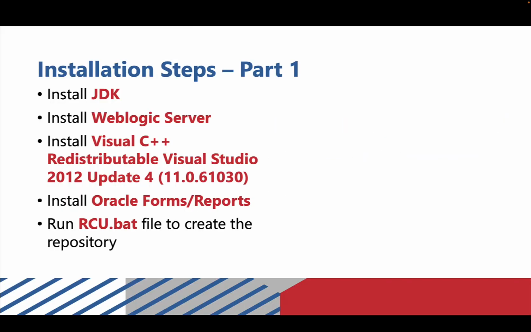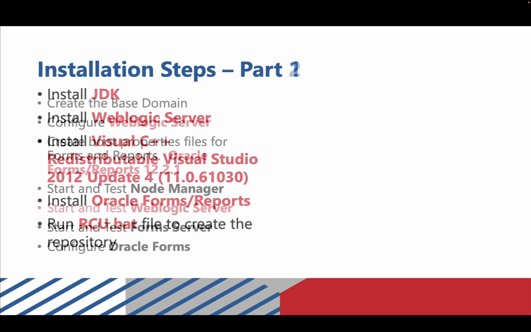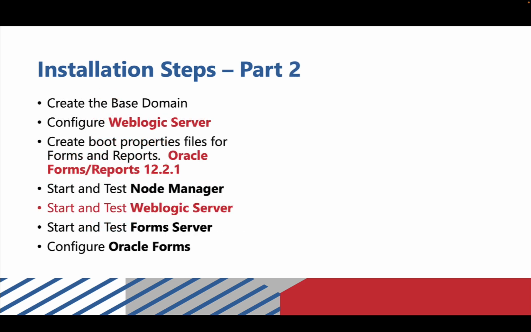So what we did in the first step is we installed the JDK, we installed Weblogic server, we installed Oracle Forms and Reports software, and we created the base repository connecting to our 19C database. What we're going to do in this step is the actual configuration, where we configure the base domain, we configure the Weblogic server, we set everything up so that it runs properly, and then we're going to start and test Node Manager, Weblogic server, and Oracle Forms server.